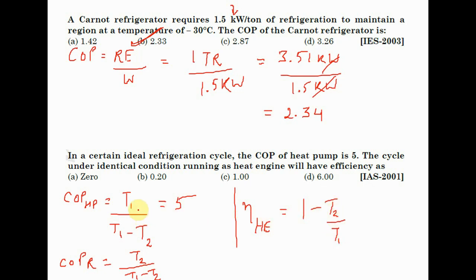In this equation, if you divide the numerator and denominator by T1, it becomes 1 upon 1 minus T2 by T1, which is equal to 5.